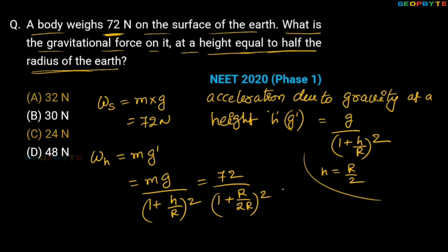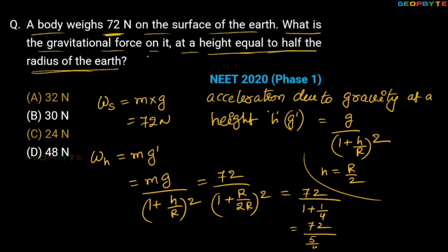Simplified, it is equal to 72 divided by, R cancelled, 1 plus 1 by 4, then 72 divided by 5 by 4. So, take a minute.